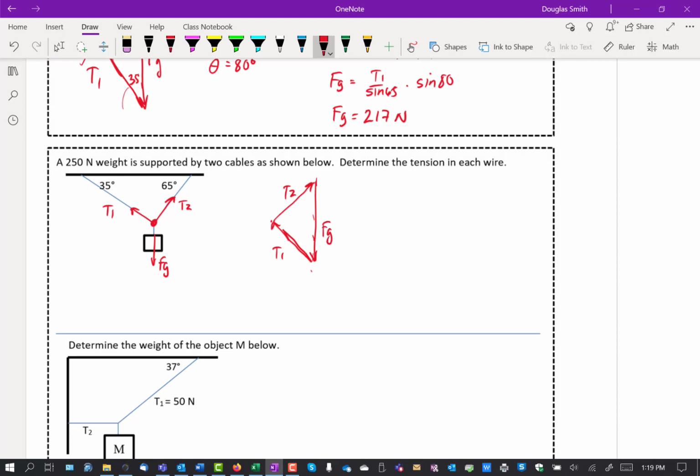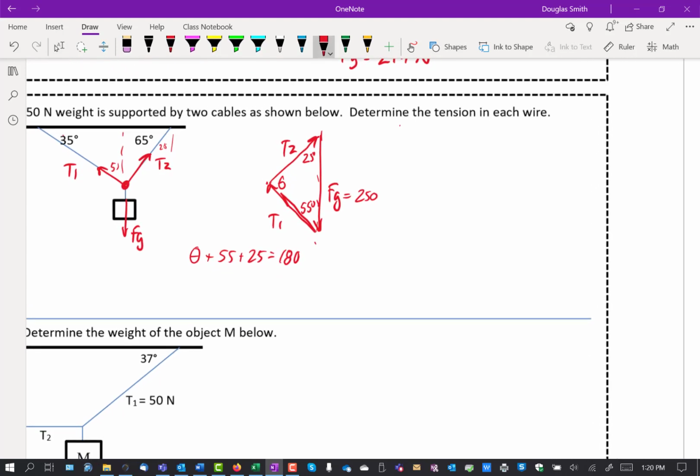Now, what angles do I know here? If this is 35, then this must be 55. So that's 55 degrees. And if that's 65, this would have to be 25 degrees. Okay. And FG is 250. So I have theta. And so theta plus 55 plus 25 is 180. So it's 70, 80.